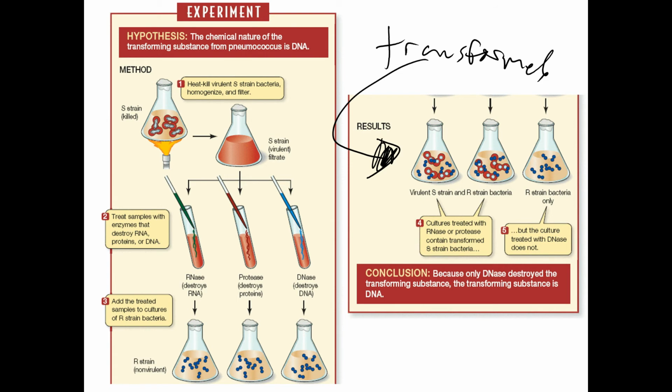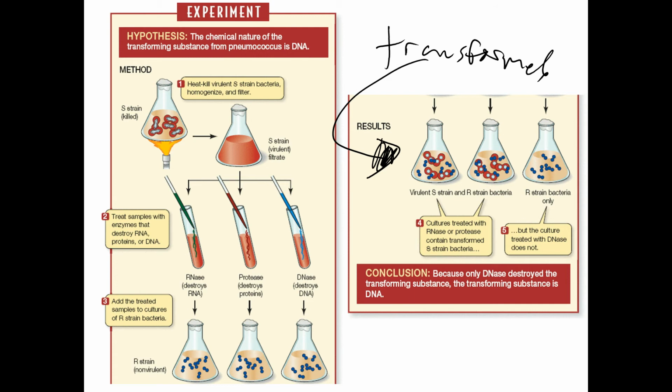Alright, so the idea here is if the component that's responsible for serving as this transformation factor is destroyed, then your sample is only going to have rough strain bacteria, not smooth.